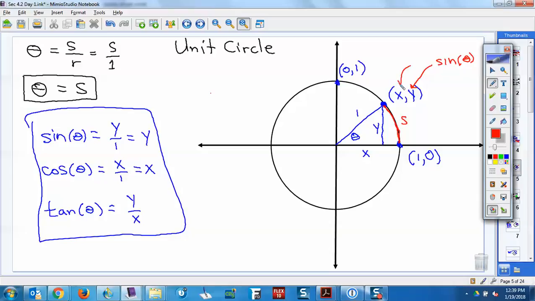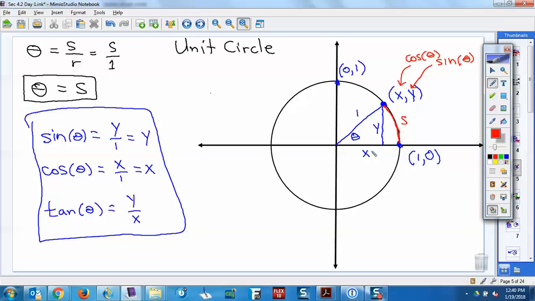In other words, this x-coordinate is the cosine of that angle. So what we've just learned is that all of the points around a unit circle, those values are the cosine and the sine of whatever angle creates that point on the unit circle. And then of course tangent is just y over x. Tangent is opposite over adjacent, and that's true in any circle.